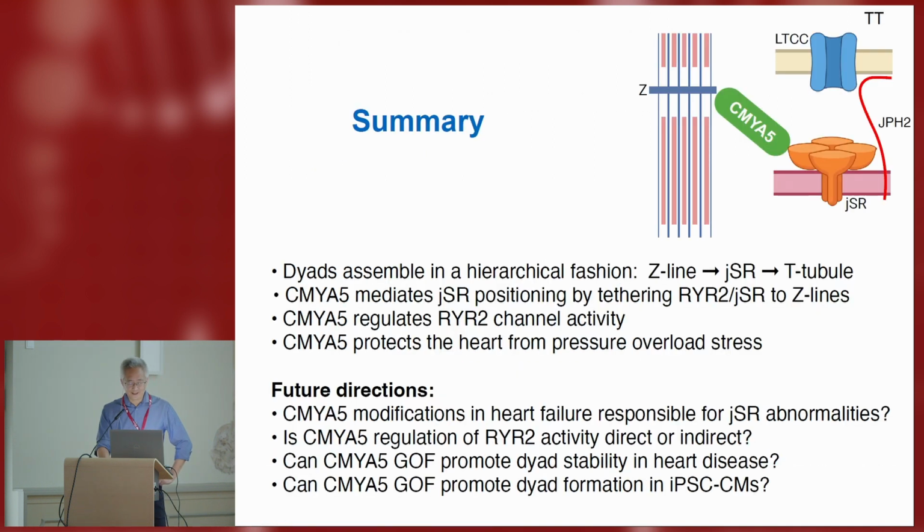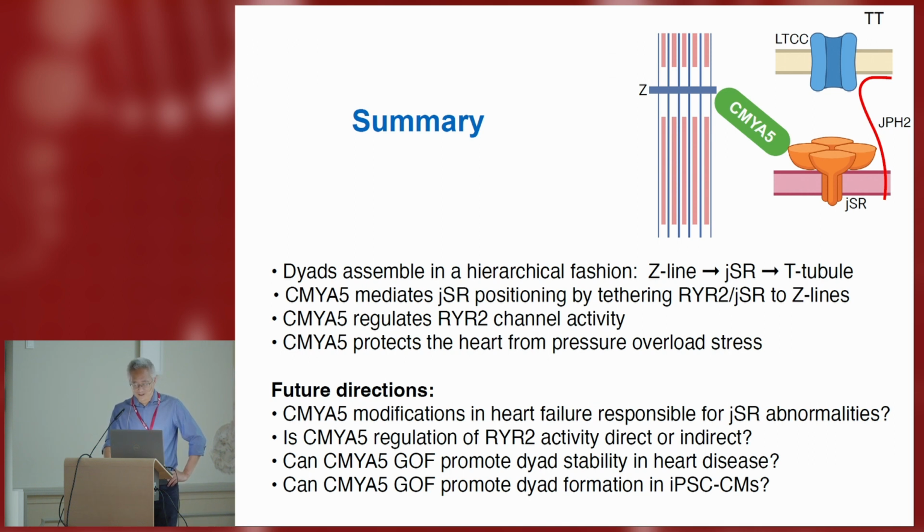So to summarize, dyad assembly happens in a hierarchical manner in which the Z-line provides the cue to assemble the junctional SR, which then assembles the T-tubule. We think that CMYA5 is an important mediator of this positioning of the junctional SR to the Z-line, and that it directly regulates the activity of the ryanodine receptor. This protein is important to protect the heart from pressure overload.